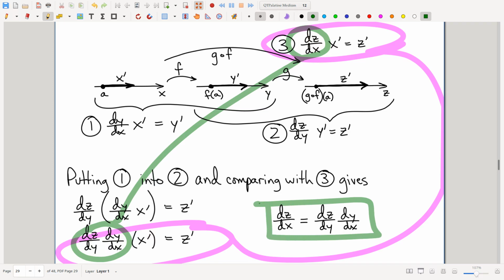So the chain rule, from this point of view, is just the innocent observation that factors multiply. That's all this is saying. Each one of these is a multiplicative factor, and doing two factors gives you the total factor.